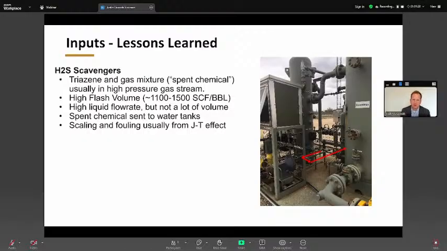Typically for oil, we're seeing 50 to 150 standard cubic feet per barrel of flash, and then 1 to 4 standard cubic feet per barrel of water flash. You get to these H2S scavengers, and you're seeing 1,000 to 1,500. We've seen as high as 5,000. And so that could be a very problematic area when you're designing.